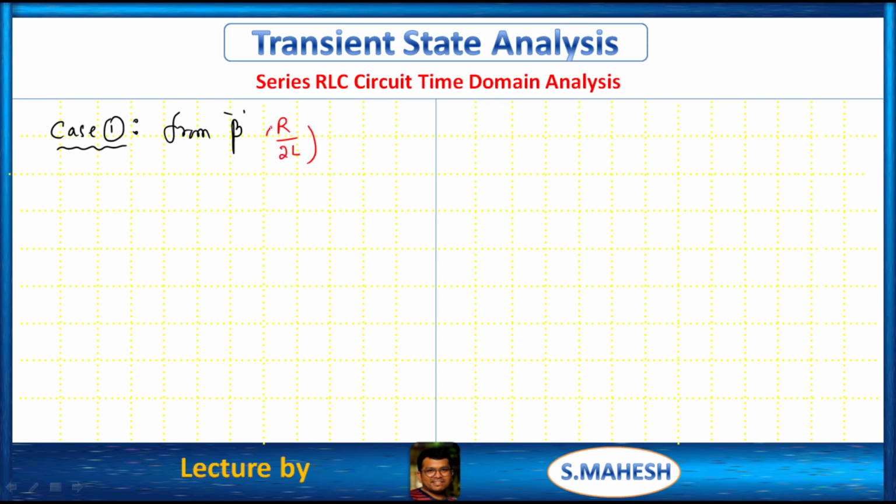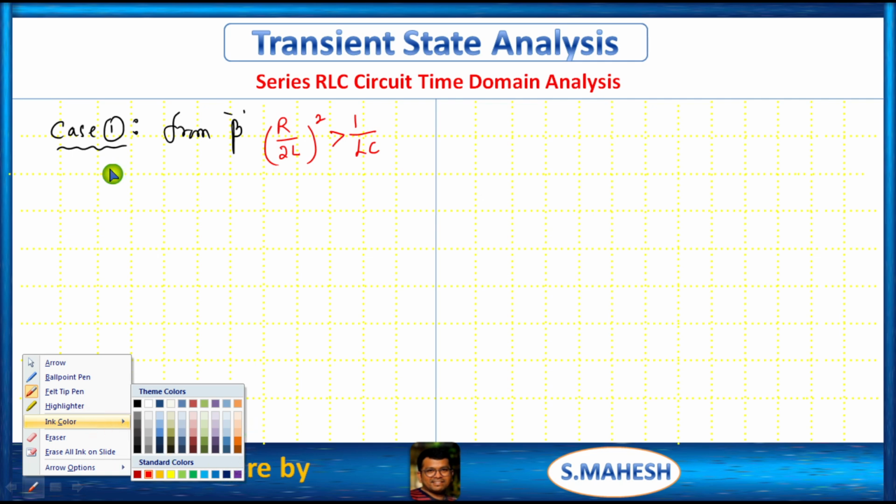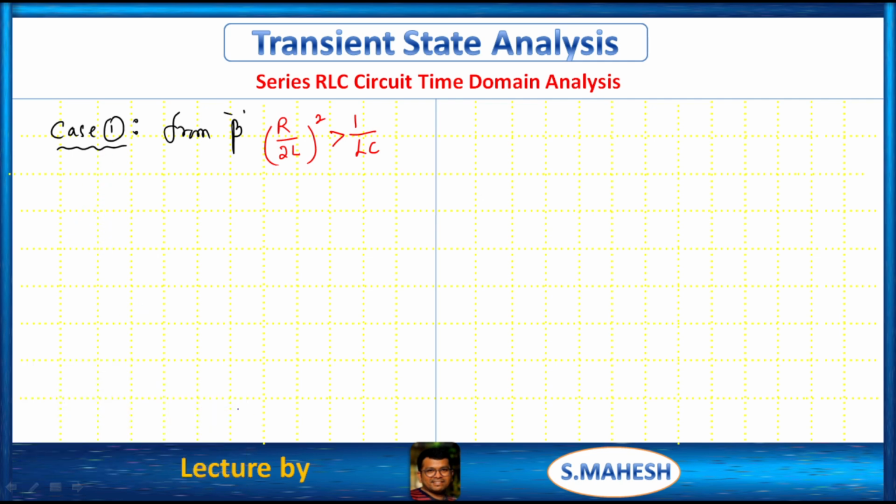R by 2L whole square greater than 1 by LC. If R by 2L whole square is greater than 1 by LC, what is the nature of the poles? So R by 2L is more, right? Therefore beta is a real quantity, because there is no negative part.